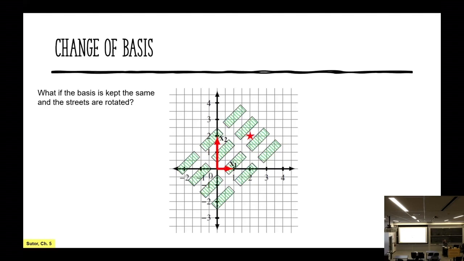If we want to walk along one basis vector and then the other, in this city, we would have to walk through buildings. That's not very convenient. I can't tell you walk 2 blocks north and then walk 1 block east. So we need to change to another basis that's more suitable for what we're trying to accomplish here, which is navigating this city. We want to find a new basis that makes computation and moving around easier.